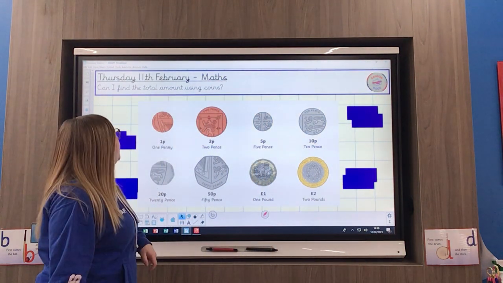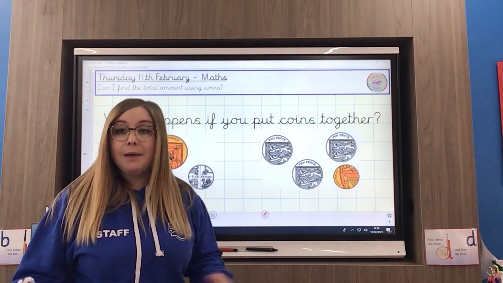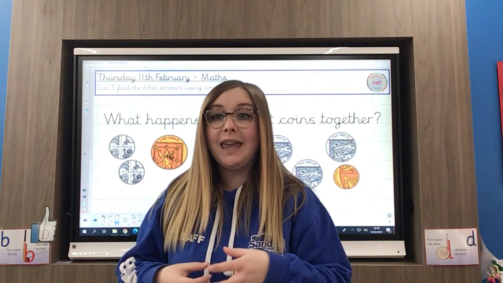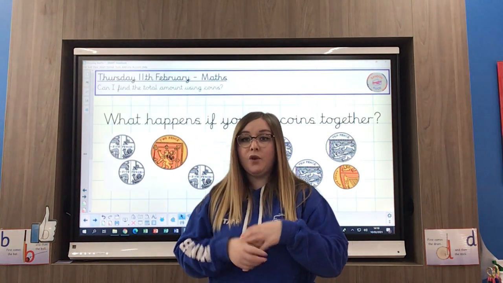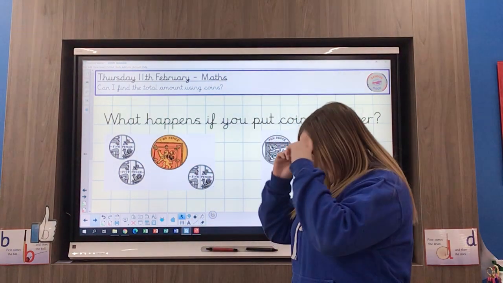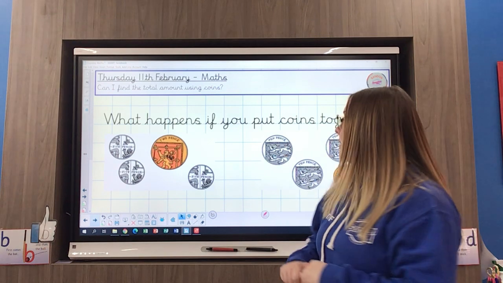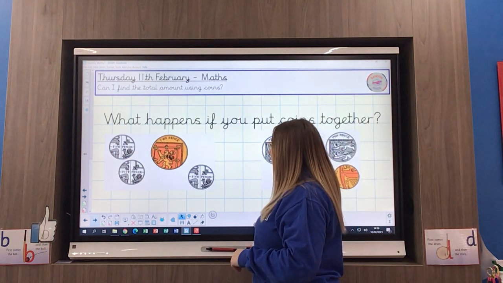But today we've got to find the total amount. And that means we're putting the coins together to find out how much we've got all together. And to do this, we've got to add up what each of those coins are worth.